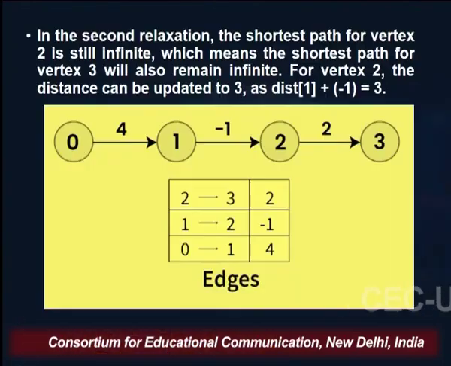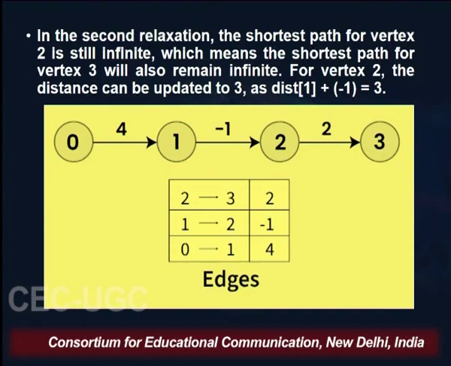Now, let us try to relax the edge which is available between 1 and 2. So, till 1 we have the distance as 4, which we have updated in the previous relaxation step. Now, 4 plus -1 is going to give us 3. So, distance of 1, which is 4, plus the negative 1, which is the negative edge, is going to give us 3.